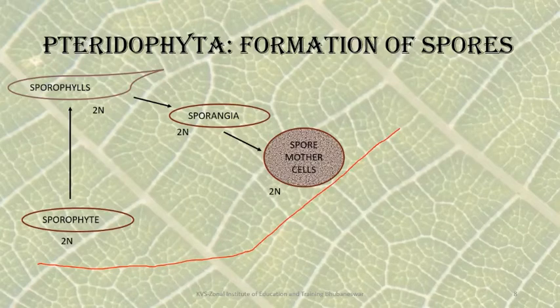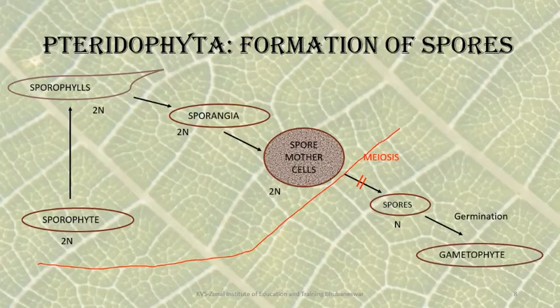In the spore mother cells, the meiosis will take place and as a result haploid spores will be formed. These haploid spores upon germination will form the gametophyte. Now gametophyte always reproduces through gametes, by formation of gametes, that means by sexual reproduction.